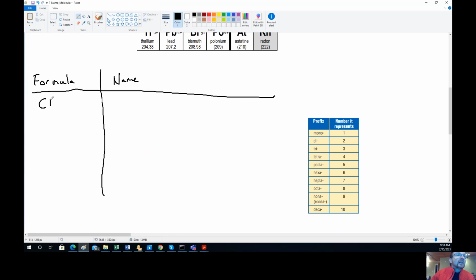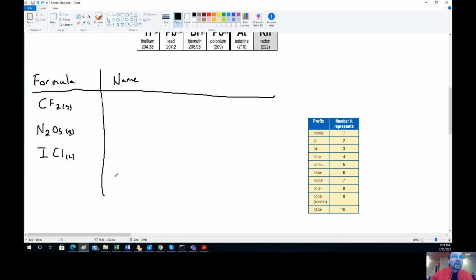Okay, CF2. Interesting stuff. Okay, awesome. Let's do another one. N2O5. Okay, this will be a gas. I, interesting. We can find I on our periodic table. Cl, liquid. And let's do one more.